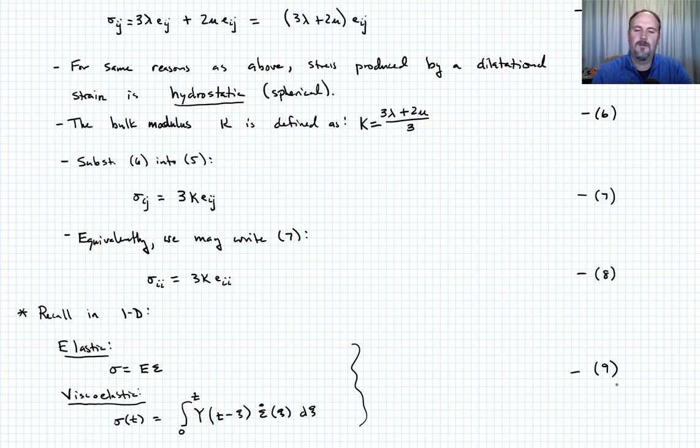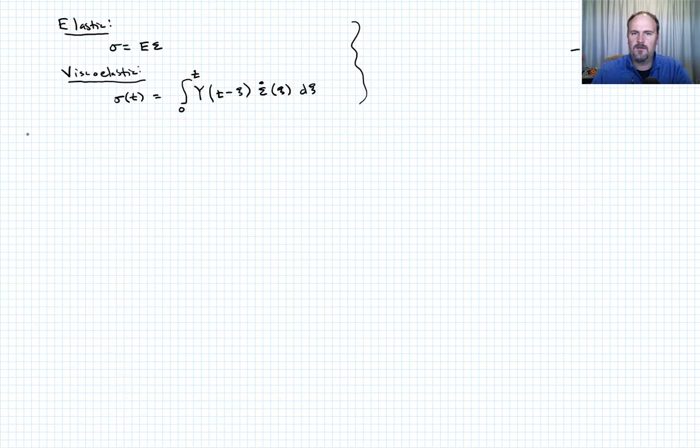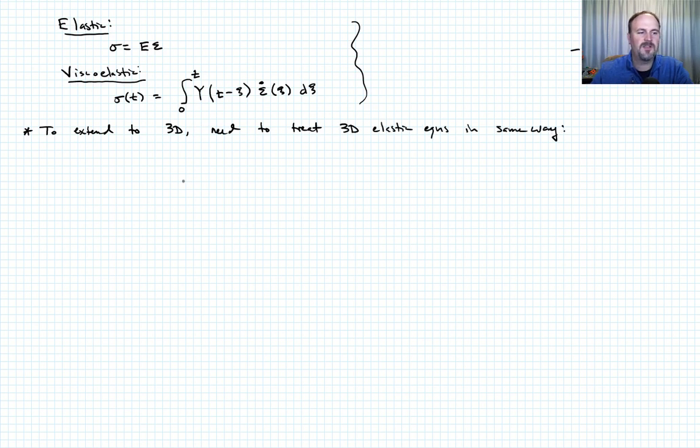We're going to make a direct extension of equations 9 now into 3D. So to extend to 3D, we need to treat the 3D elastic equations in the same way. What does that look like? Now we have shear and dilatation components, which we didn't have in one dimension. For the shear component, we talked about that first. That said Sij was equal to 2 mu times eta ij. That's the elastic case.